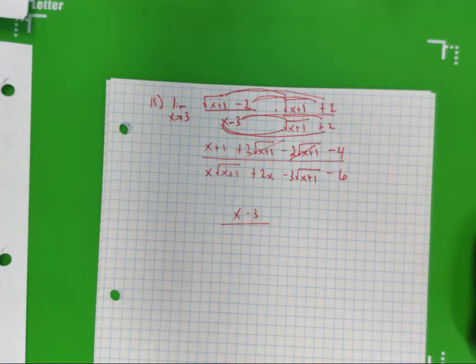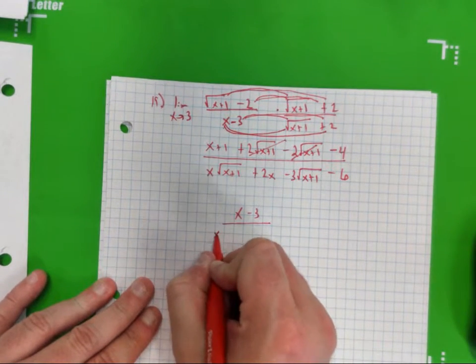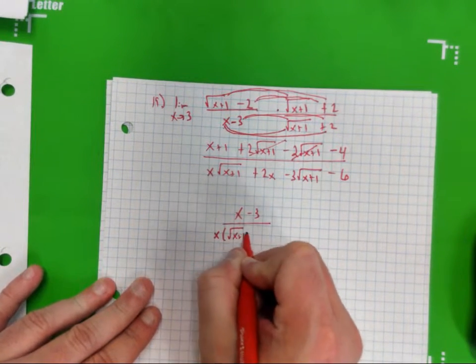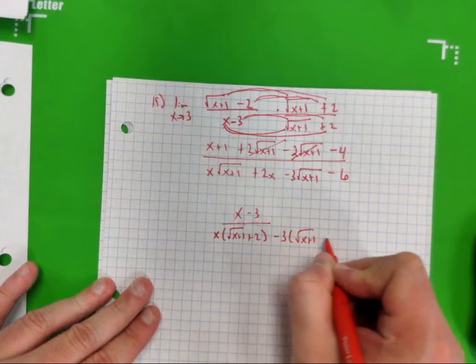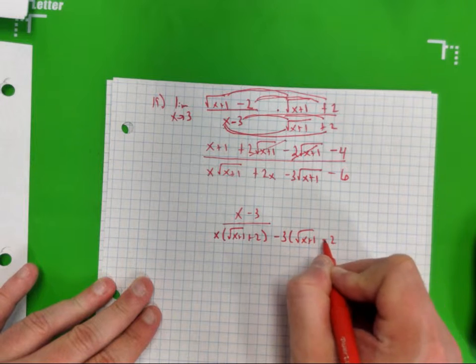So I'm going to factor. What can I take out of those first two? X. What can I take out of the bottom two? A negative 3. Alright. So we got x, that leaves a square root of x plus 1 plus 2, minus 3 square root of x plus 1 plus 2.